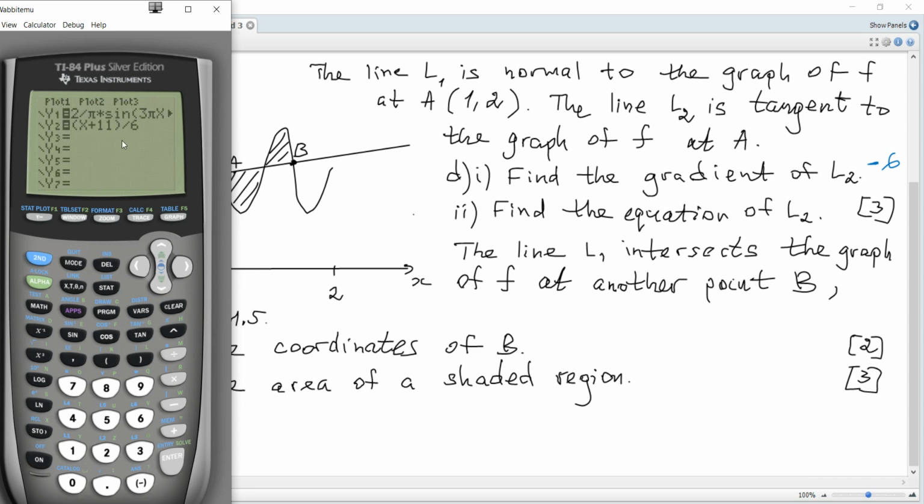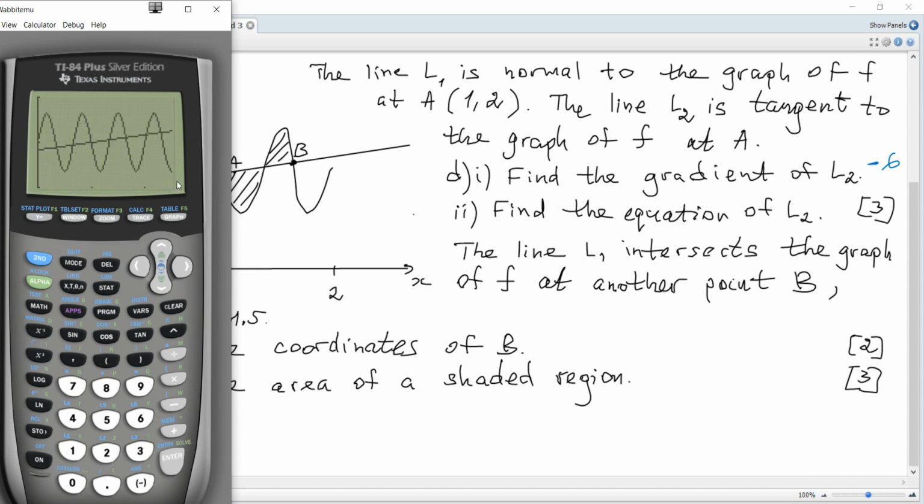The first graph is our 2 over pi times sine of 3 pi x plus 2, and the second is our line L1, x plus 11 over 6. Then window x from 0 to 2 or 2.5, it doesn't matter, and y for example from 1 to 3, and the graph looks like this.